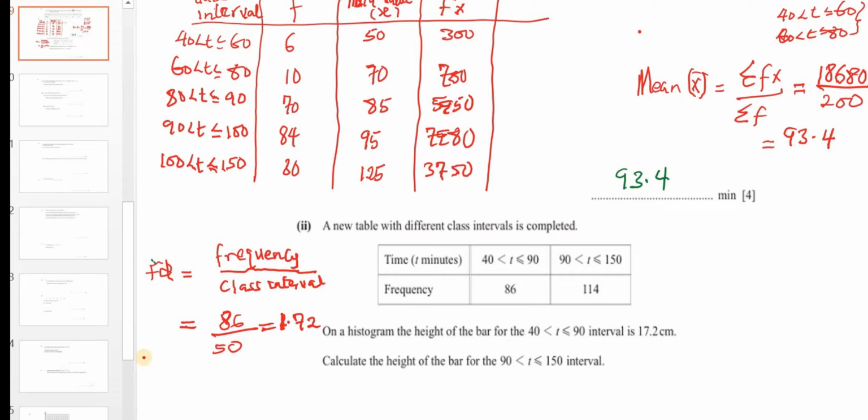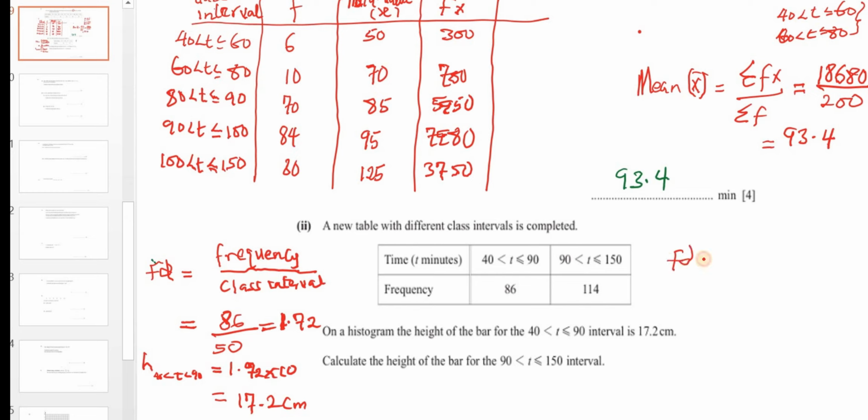To get the actual height, the height between the class interval 40 less than t less than 90 will be equal to the frequency density of that one times 10, so that we can get 17.2 centimeter as given. The same method we use to get this 17.2, we use it for the next class to get the same thing.